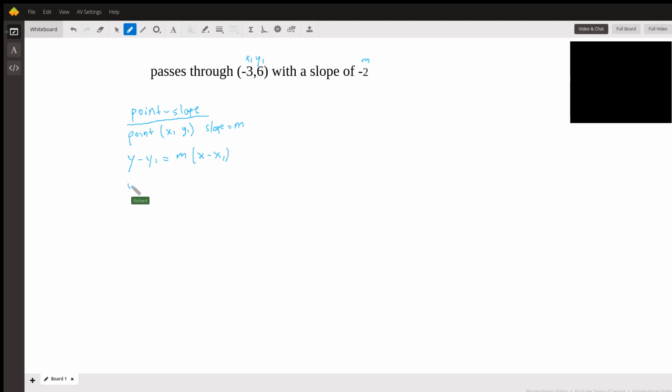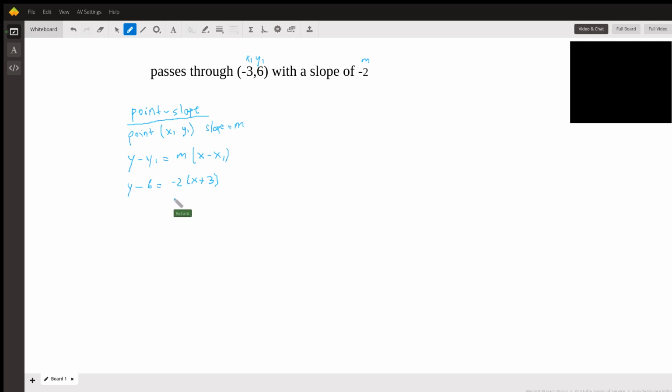So it's just y minus 6 equals negative 2 times x minus a negative 3. So it's going to be a plus 3. And so you get the equation of the line in just one step.